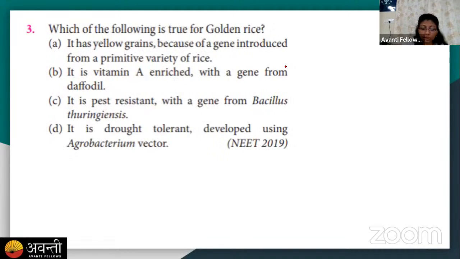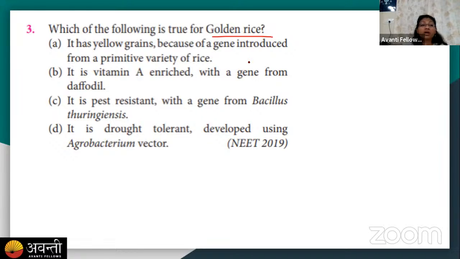So your next question says, which of the following is true for golden rice? Now here we are discussing golden rice, which is yellow in color. Usually rice is white in color, but here the rice is yellow or goldenish in color. Option A says it has yellow grains because of a gene introduced from a primitive variety of rice.